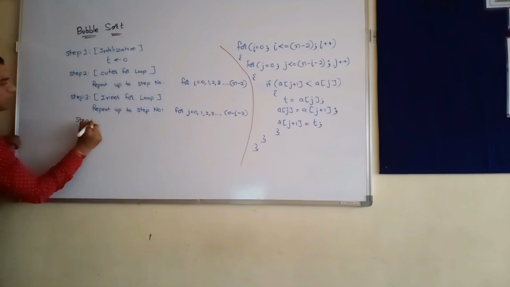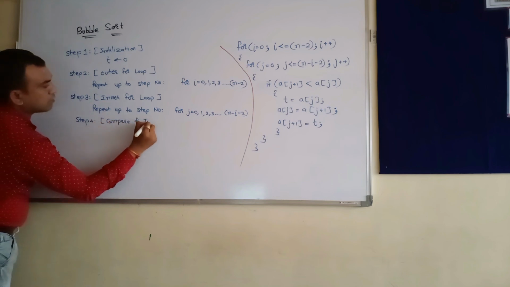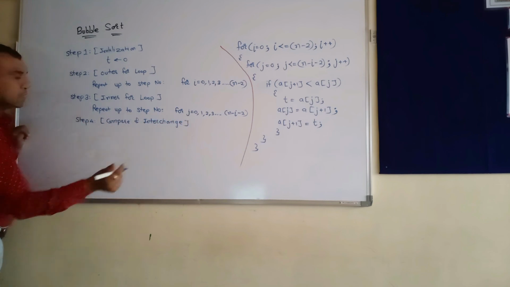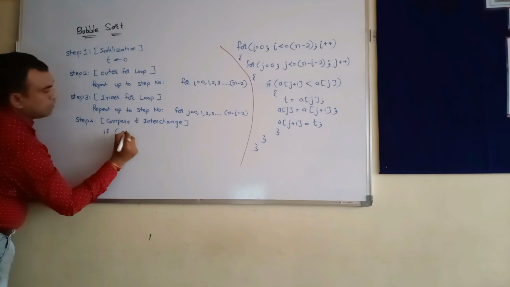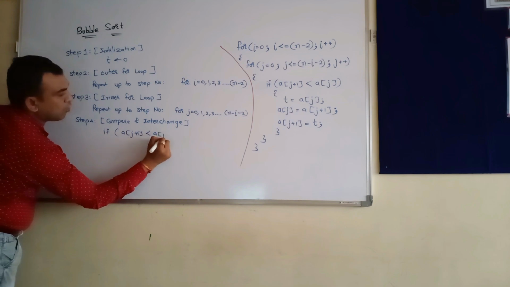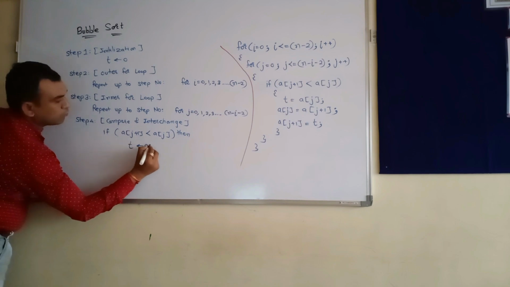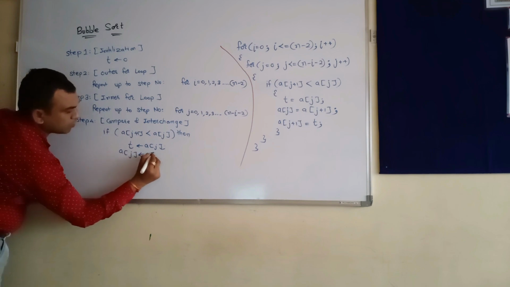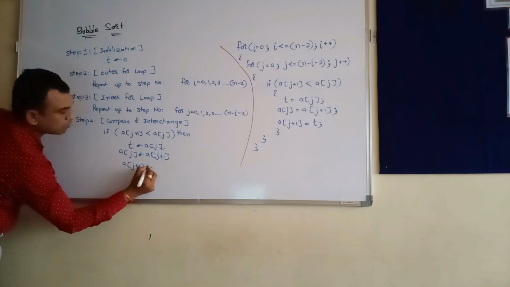Step number 4: compare and interchange. If a of j plus 1 is less than a of j, then t is equal to a of j, a of j is equal to a of j plus 1, a of j plus 1 is equal to t.